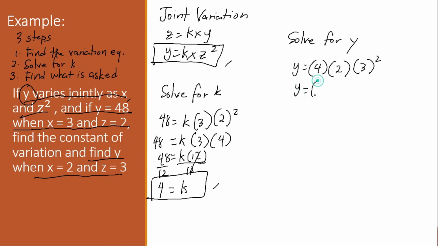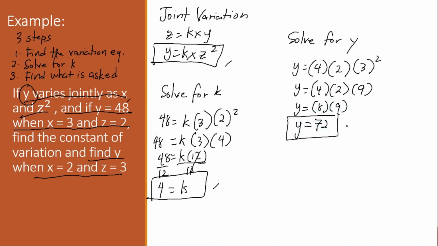Simplify. 4 times 2. Okay, dalawang 3 to. Ibig sabihin, kasi pag 3 squared, 3 times 3. So, that is 9. Simplify. We have 8 times 9. And then, we have y is equal to 72. So, tapos yung ating joint. So, ganun tayo ha. 3 steps. And you need to accomplish those 3 steps.